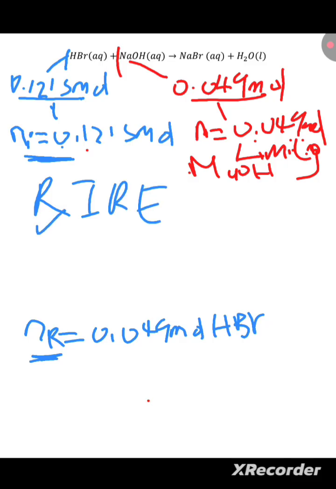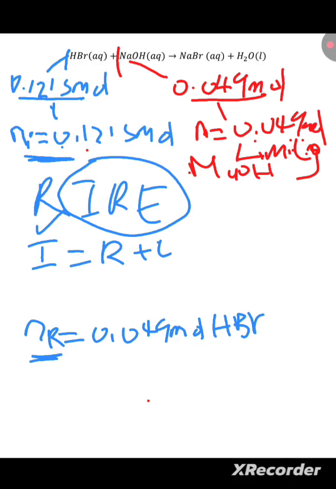We already calculated, using ratio, the number of moles that reacted. Then I'm going to use this part to say initial number of moles is equal to the reacted plus the excess, so that I can get what the excess is, because I've got the initial number of moles and the reacted number of moles.